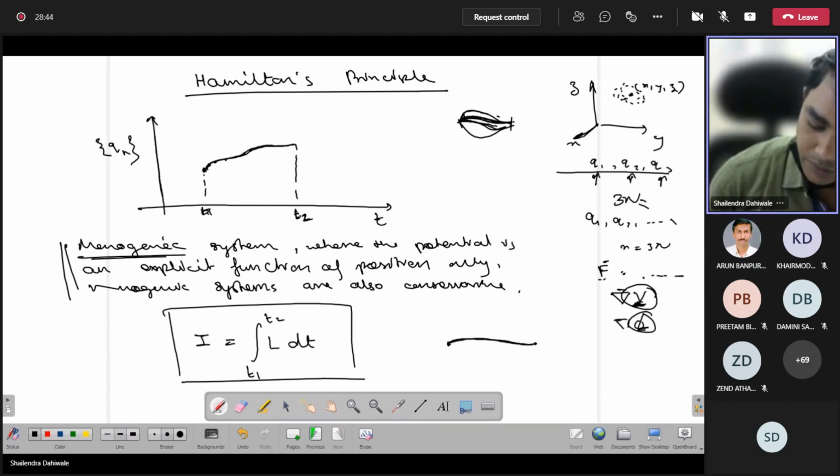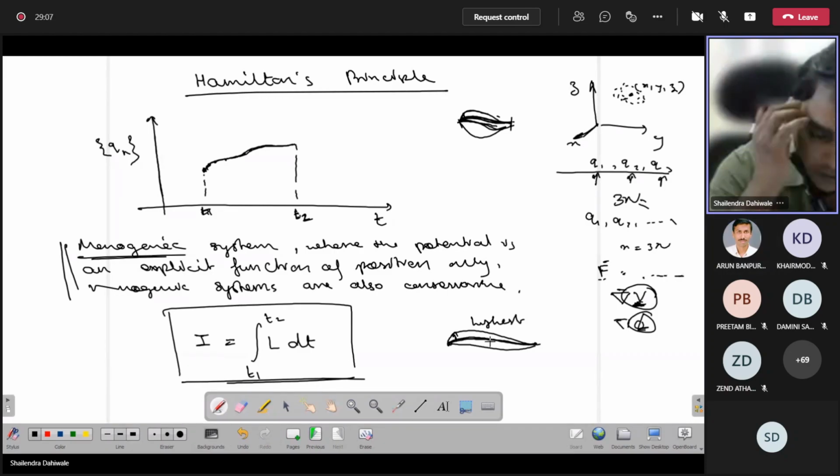It cannot go like this or like this. If you try to go like this, it will have a variation, and variation means it will have the highest values. So this line integral should have stationary values, and that stationary value can go only through this least possible path.